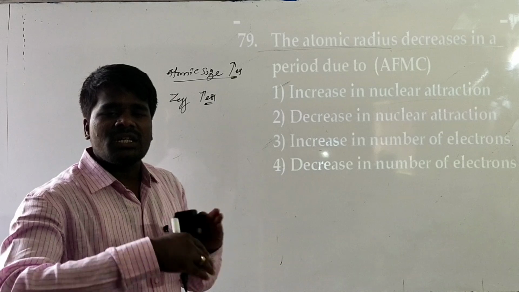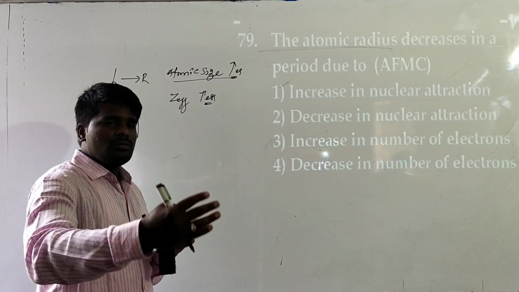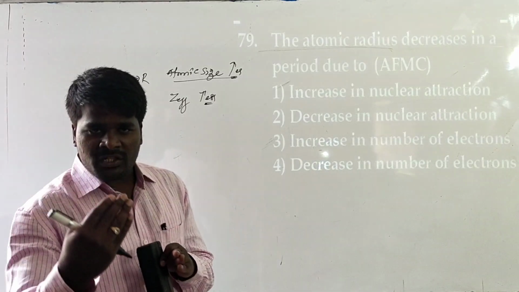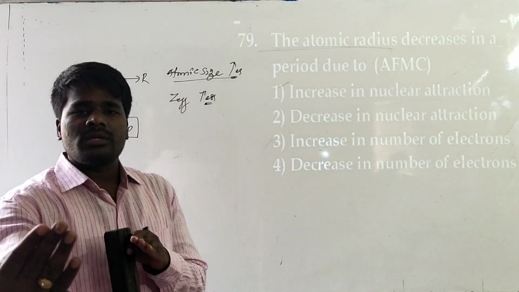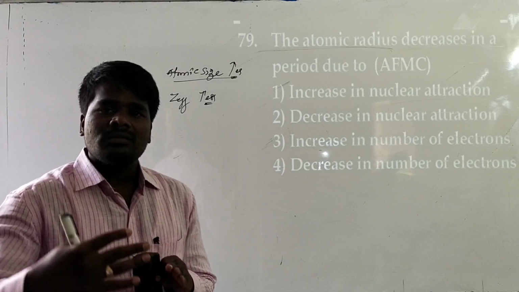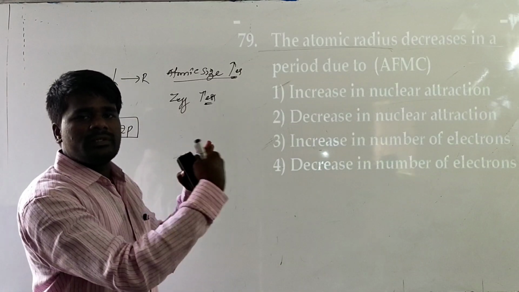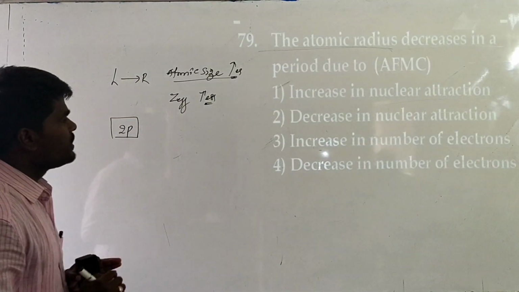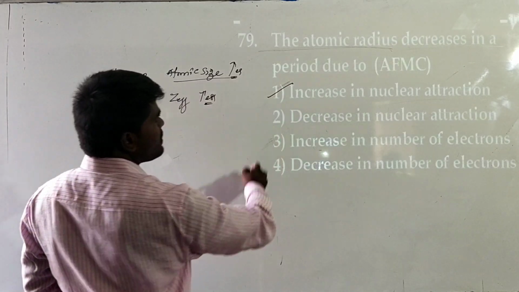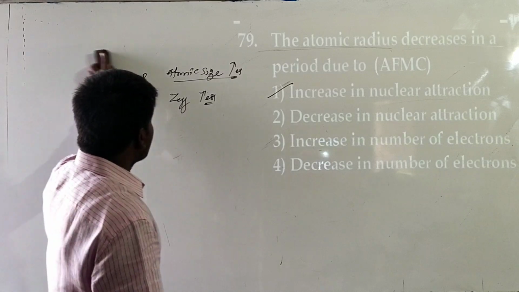But what happens with increase in the atomic number? The number of protons increases and the nuclear force of attraction on the valence shell increases, so that the valence electrons are tightly pulled towards the nucleus. Because of that, what happens? The size of the atom gradually decreases when you are moving left to right in a period. Right? So what will be the answer? Increase in the nuclear attraction. First option is the correct option.